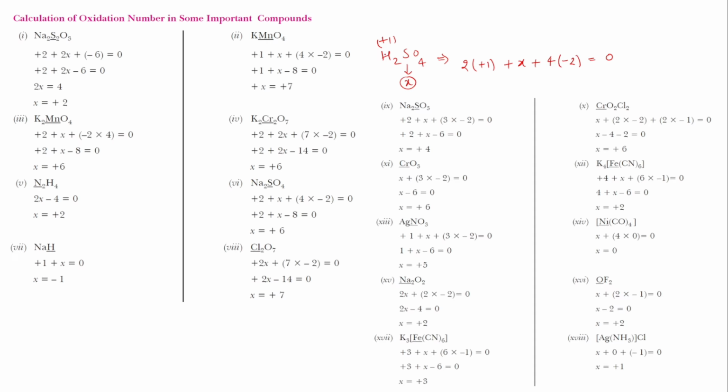It should be equal to 0 because this compound is neutral. So 2 into +1 is 2, plus X, plus 4 twos are -8, equals 0.